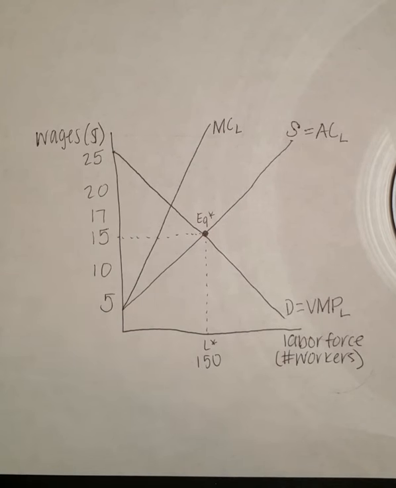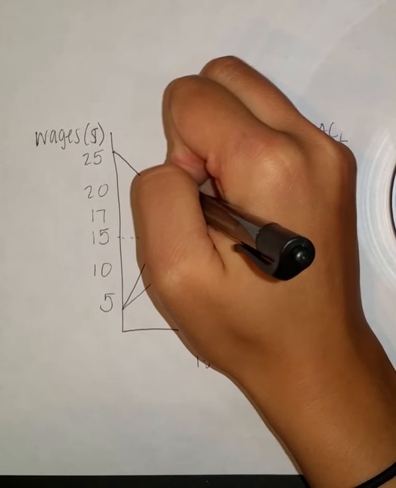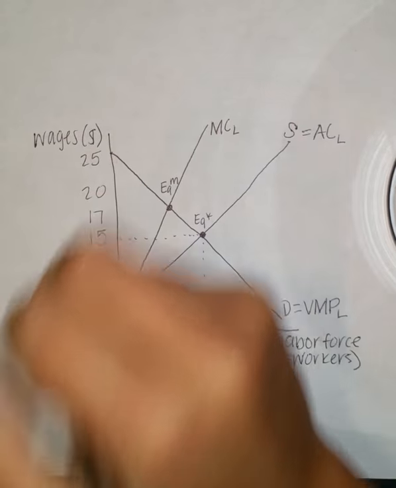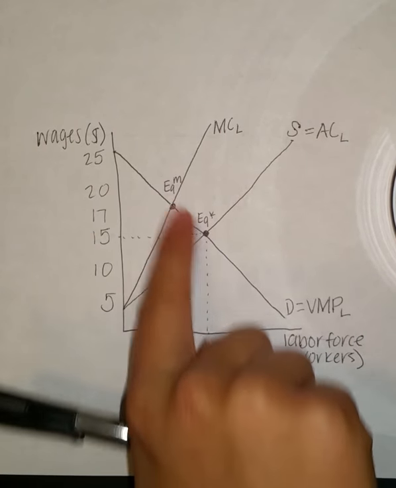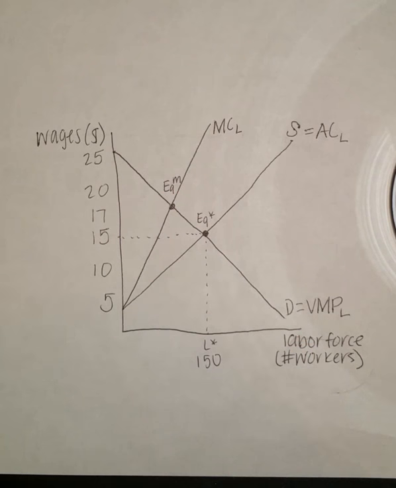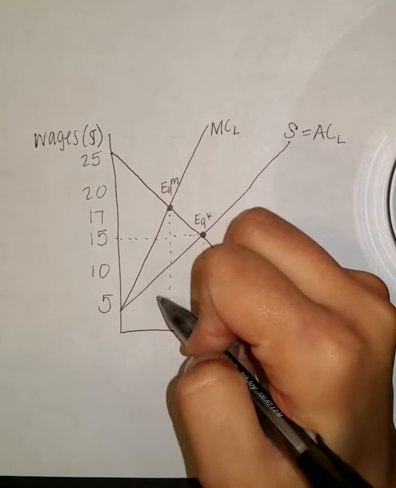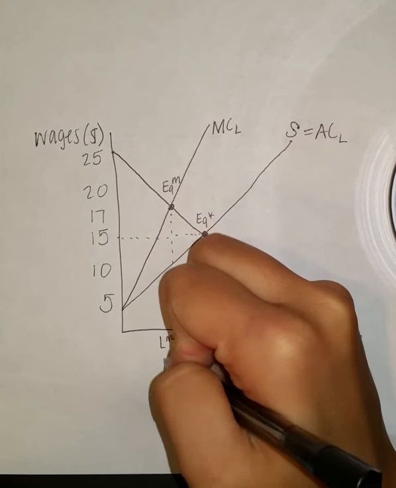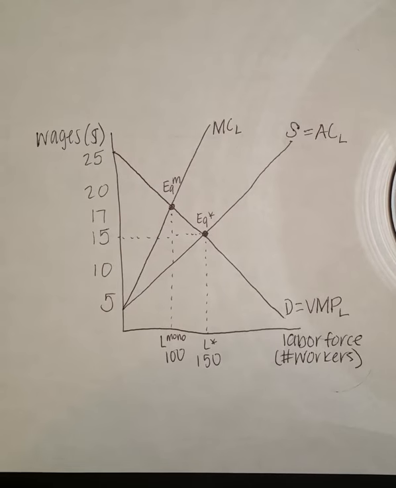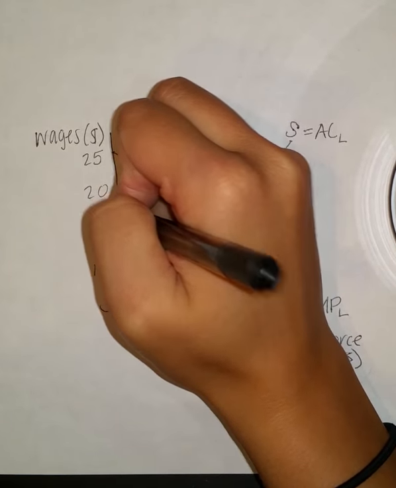We can see at the equilibrium point right here, which I will label EQM, is where the marginal cost of labor intersects our demand curve from earlier. At this point, the monopsony will hire, we'll label this L monopsony, 100 workers at about $17 per hour.